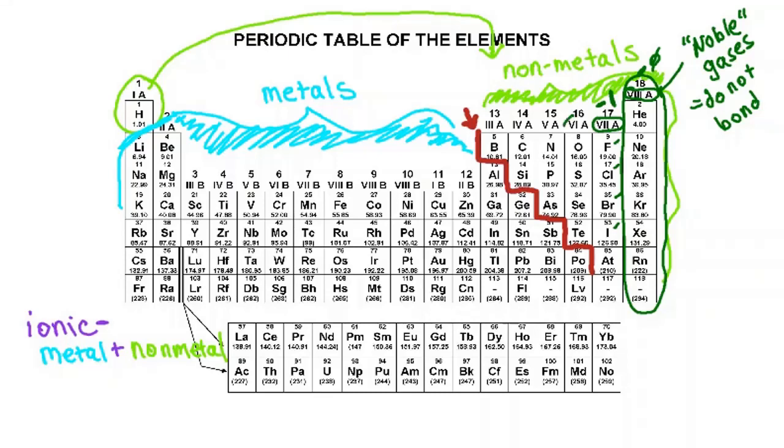Now this next column over, column 6A, 8 from the noble gases, column 8 from the noble gases, minus 6 is this column, is 2. So these guys are going to have a -2 charge, because if you're noticing a pattern, the nonmetals are going to have a negative charge to them.